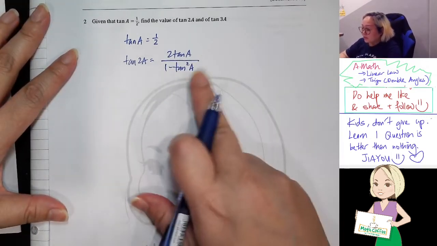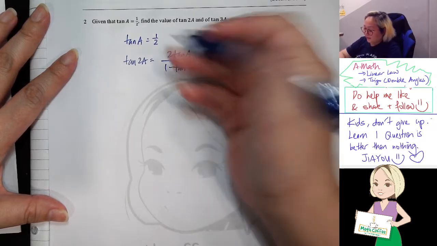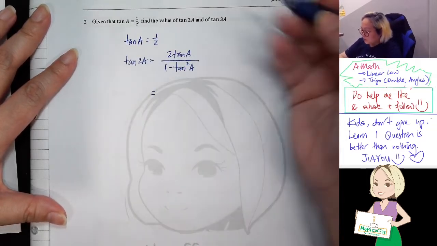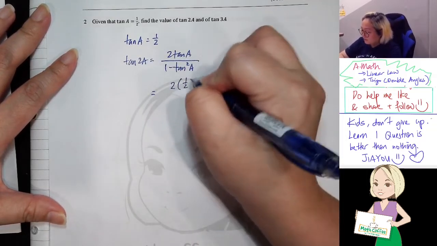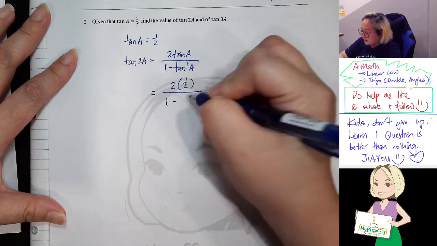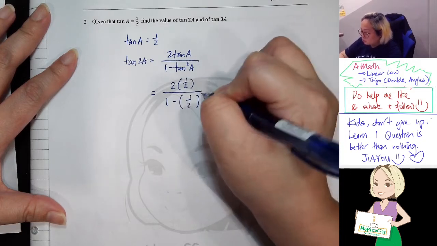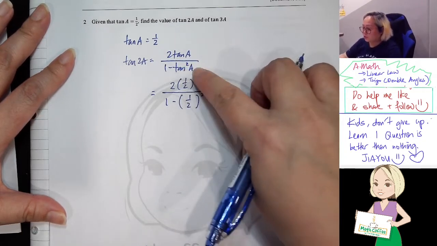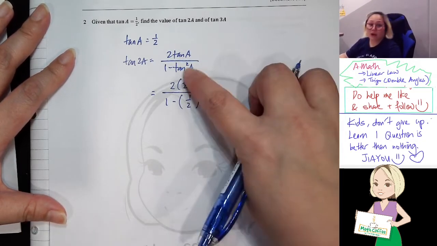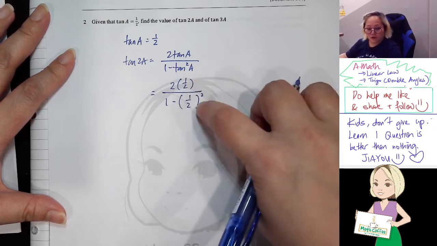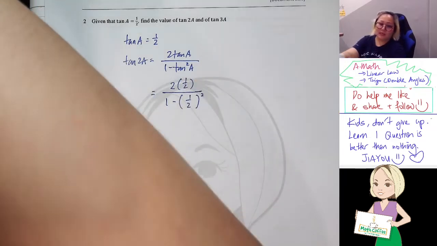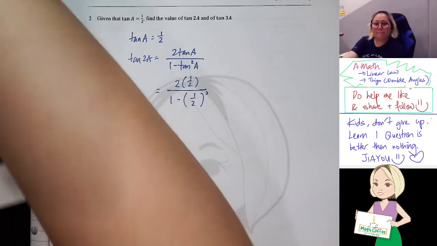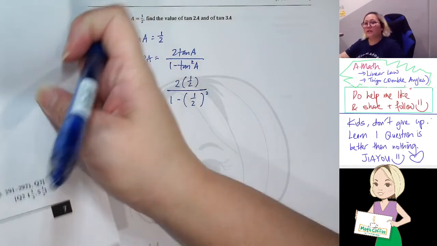So all I need to do is just sub in the half. It's just 2 times half over 1 minus half squared. You all need to know that tangent squared A simply means you square the tangent A. Of course, for this one just press the calculator. No, A is acute, in the first quadrant.